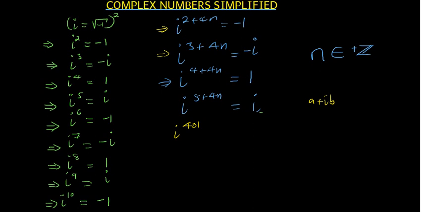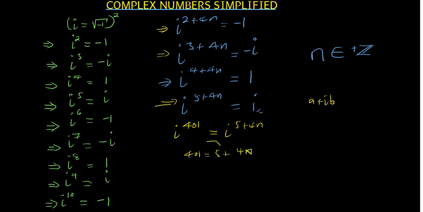So i to the power 401 is equal to, let's first try this one which is here, i to the power 5 plus 4n. Now we can equate the powers since the bases are the same. So that will give us 401 being equal to 5 plus 4n.